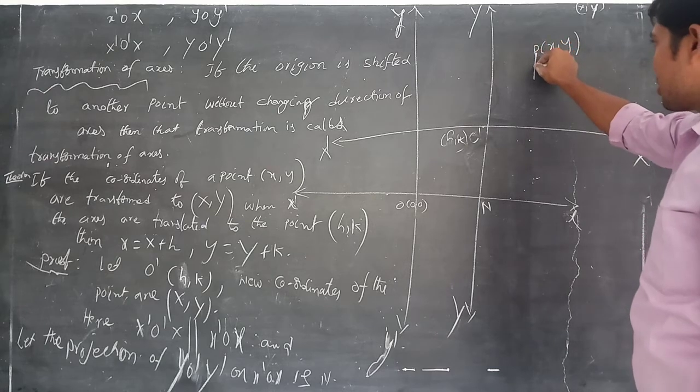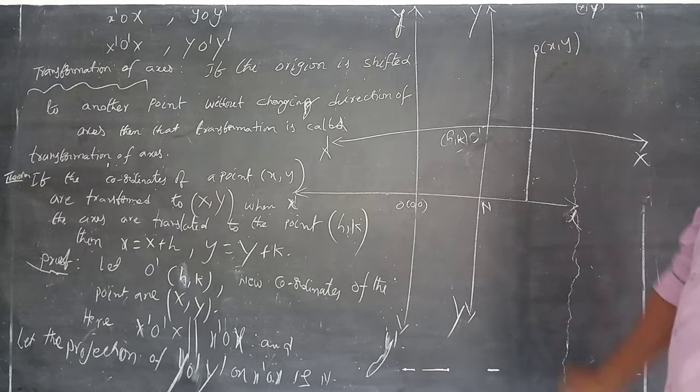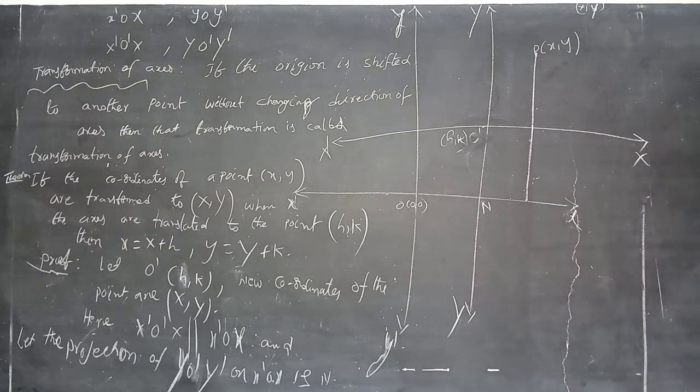Let us draw a projection from P to the two parallel axes. What are the two parallel axes here? x dash o dash x and x dash o x are the parallel axes.